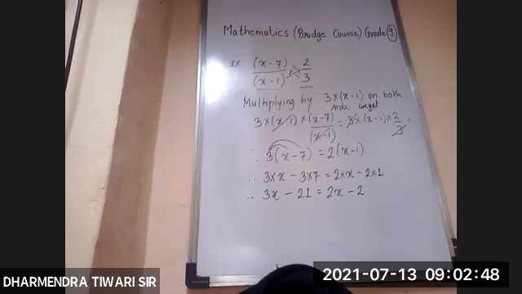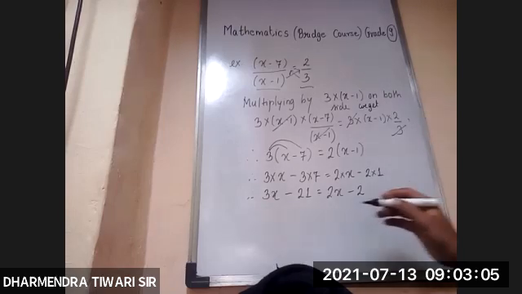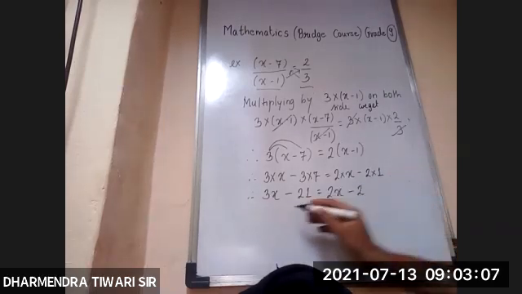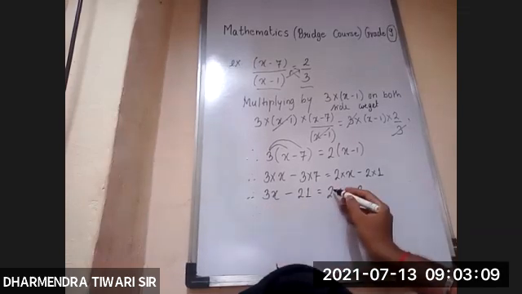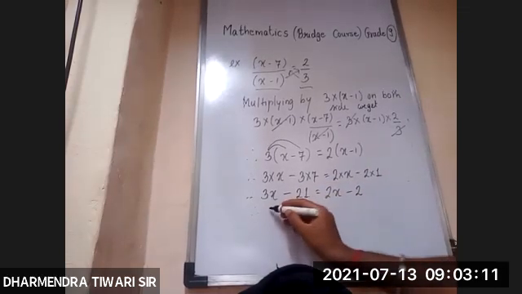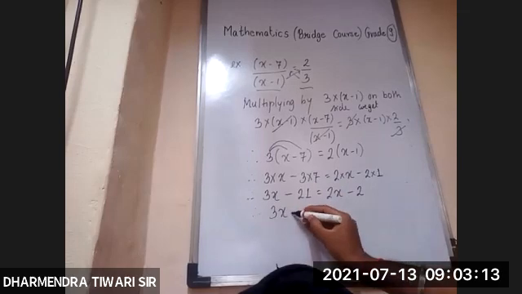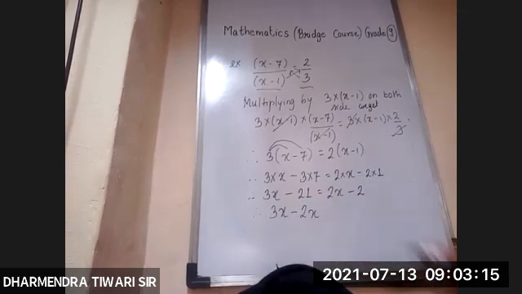Now we can take the variable terms together. Variable means having an unknown factor with it. As we can see, x is the unknown factor which is to be determined. So we are going to take x together and the constant terms together. Taking this 2x to the left hand side, it will take the form of subtraction. We have seen this yesterday.